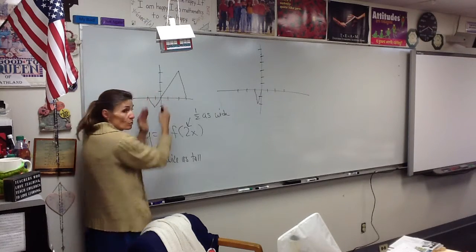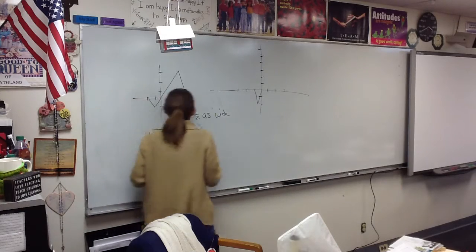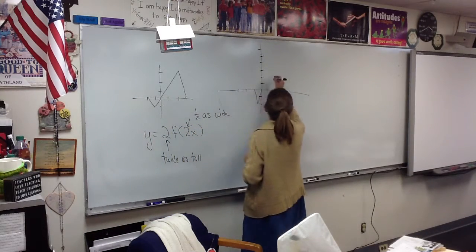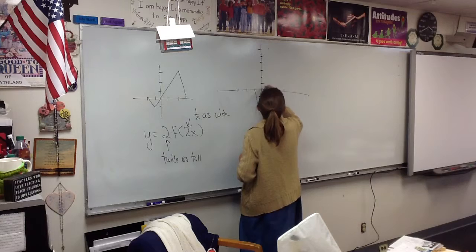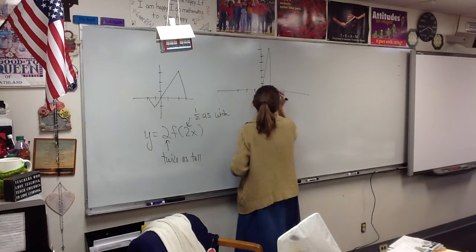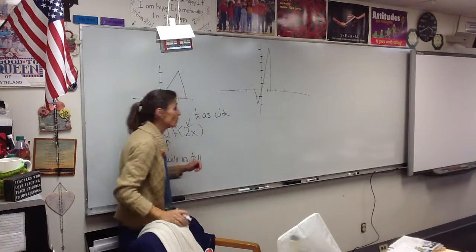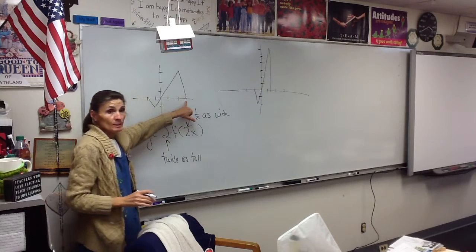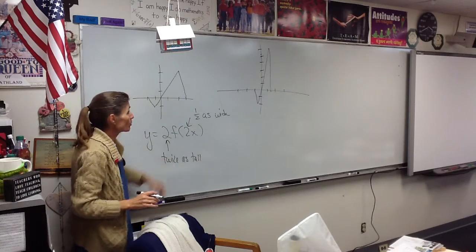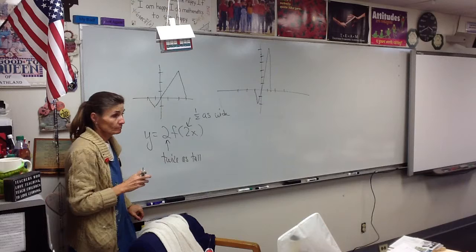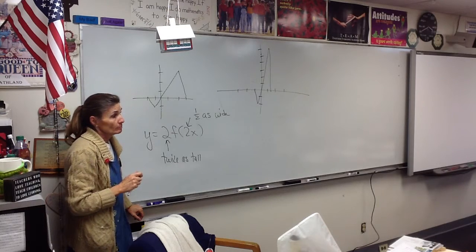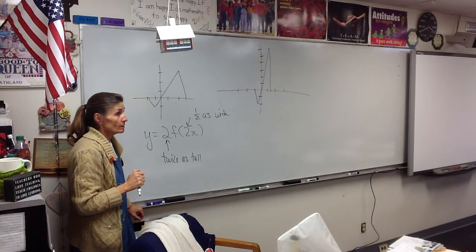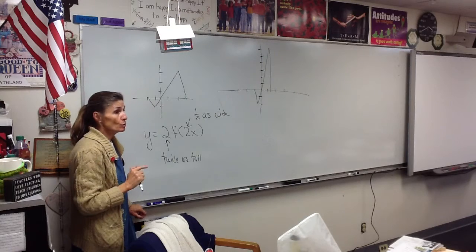Instead of 2, it's been squished into 1. This is going all the way up to 6 and coming down at 3 halves, at 1 1/2. Because it was 3 wide before, now it's only 1 1/2 wide.